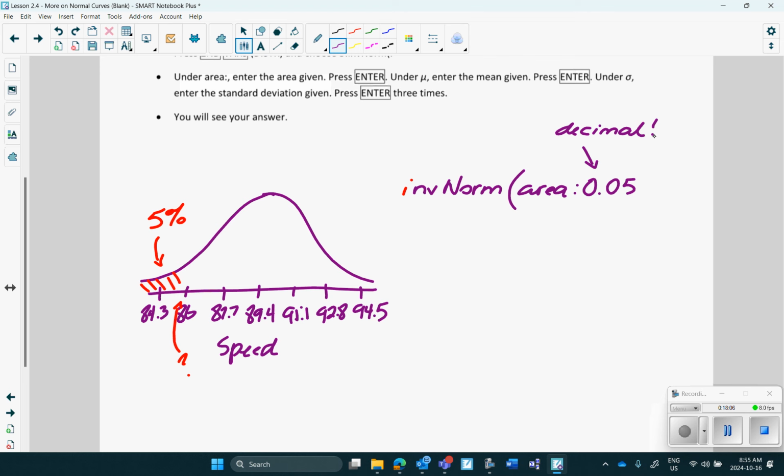The mean is the same as the previous question we did, so 89.4. Standard deviation is the same at 1.7. When you do that, you're going to get the value. So 0.05, enter, or you would use commas, 89.4 as the mean, 1.7 as the standard deviation, enter twice, and you should get 86.6 miles per hour as the 5th percentile.